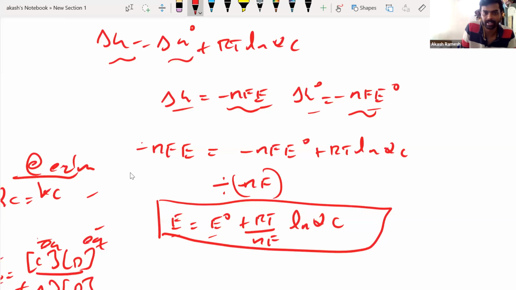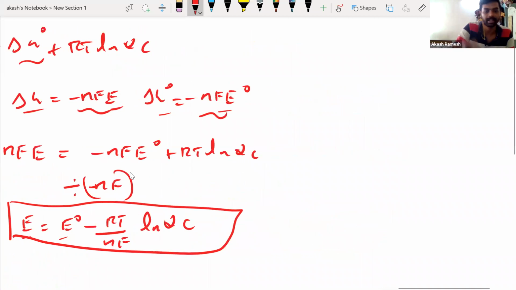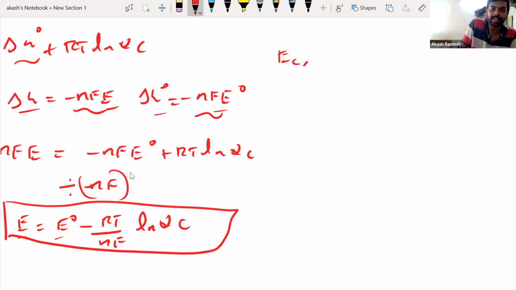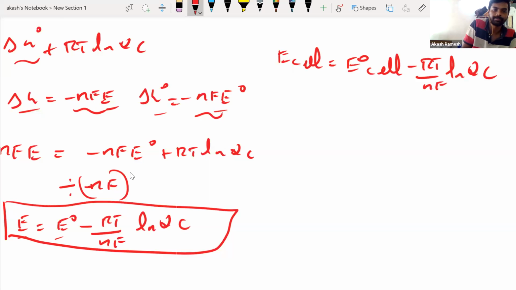A small mistake: we are dividing by minus NF, so this plus will become minus. If I want to write it properly: E cell, the EMF of the cell under non-standard conditions, is equal to E naught cell minus RT by NF ln QC.